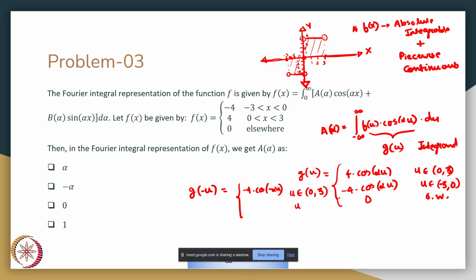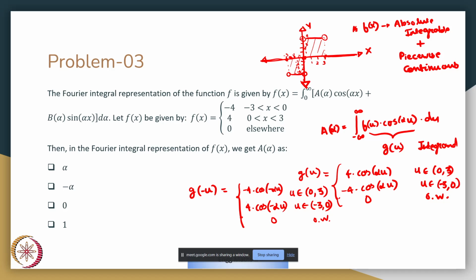Similarly, if u belongs from minus 3 to 0, our minus u will lie from 0 to 3, which should give our function the value 4 cos of minus alpha u, and for all other points it's again 0.